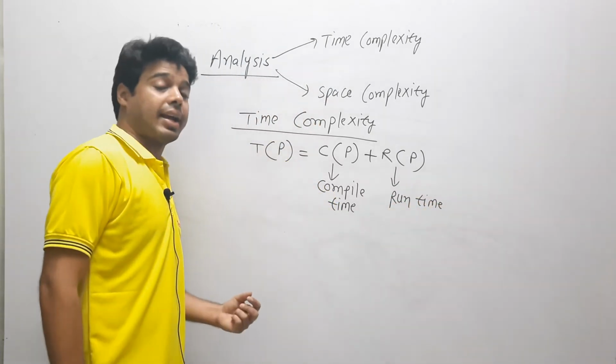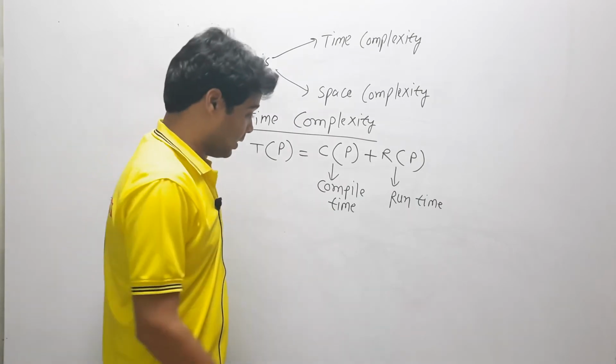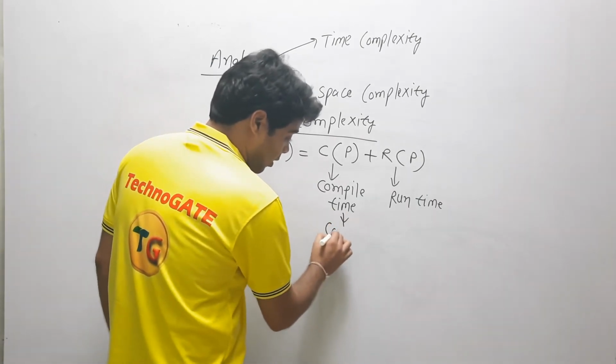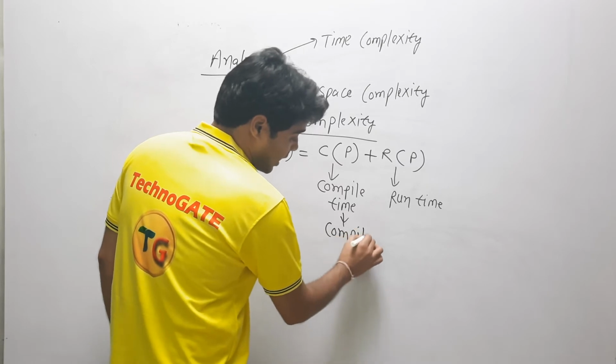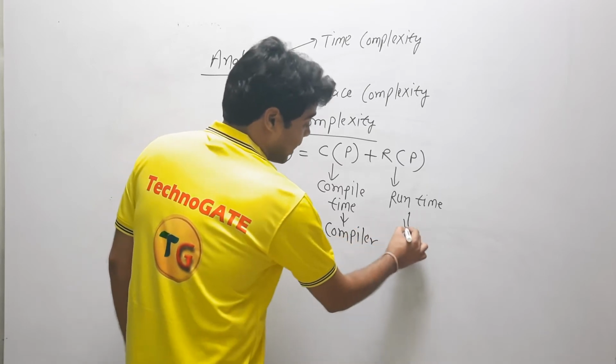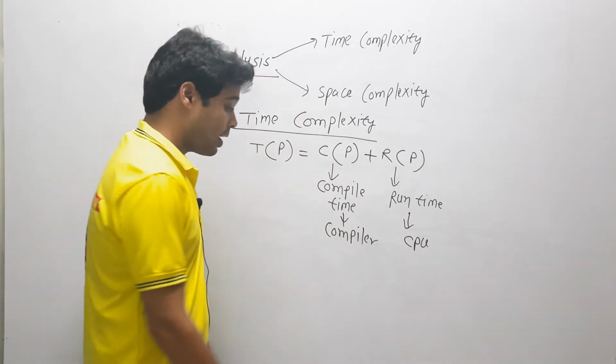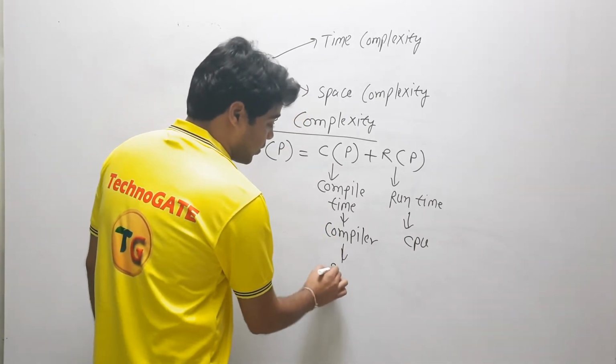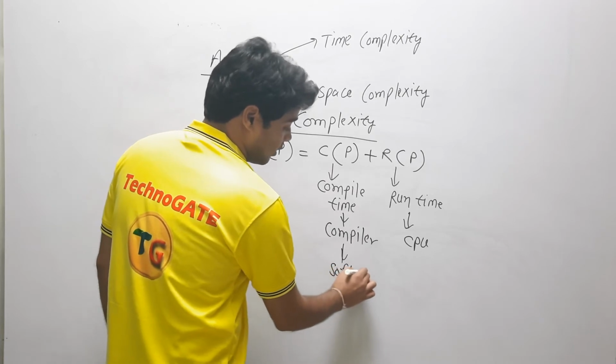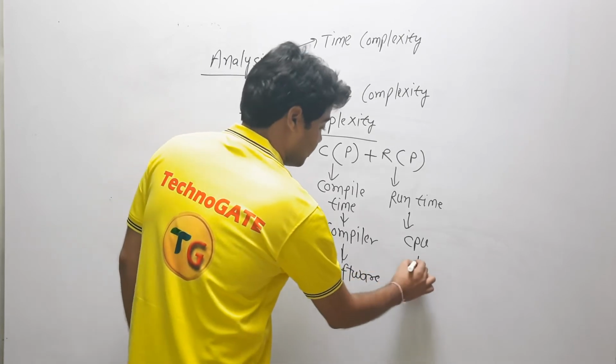For the compile time, the compiler is responsible, and for the runtime, the CPU, Central Processing Unit, is responsible. And what is a compiler? A compiler is software and the CPU is hardware.